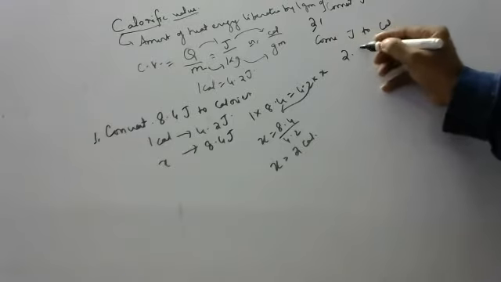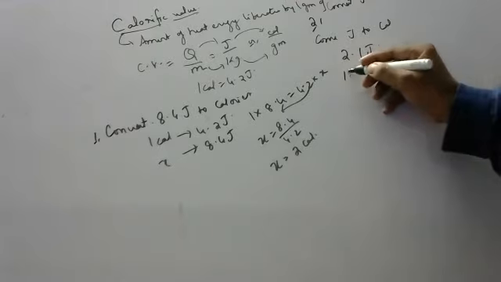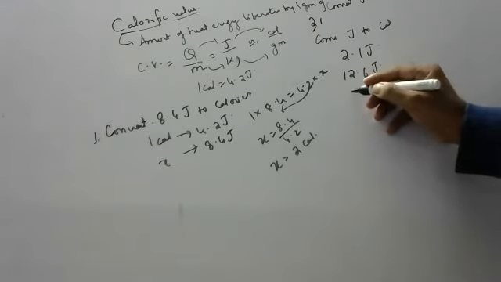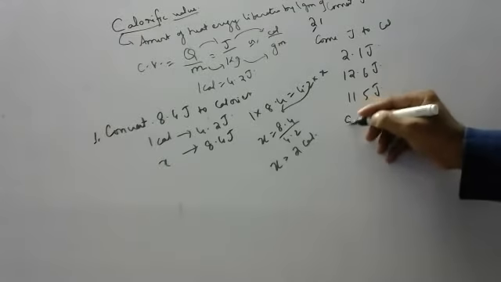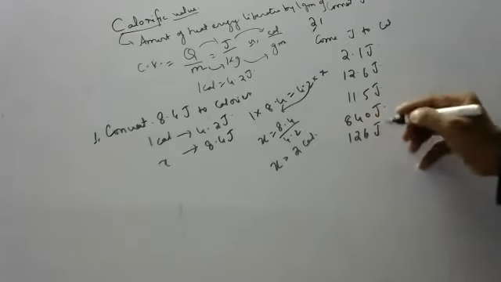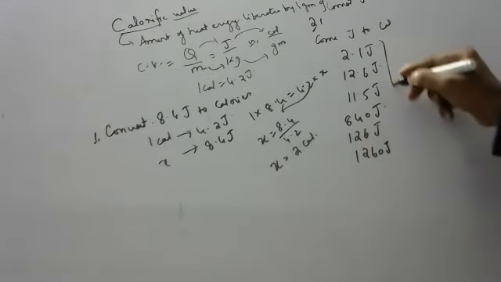First one, 2.1 joules. Second one, 12.6 joules. Third one is 11.5 joules. Fourth one is 840 joules. Fifth one is 126 joules. Sixth one is 1260 joules. Convert all of them into calories.